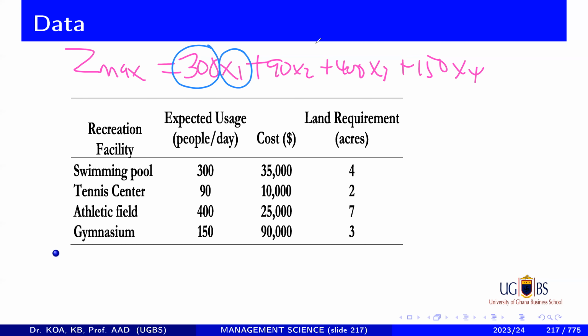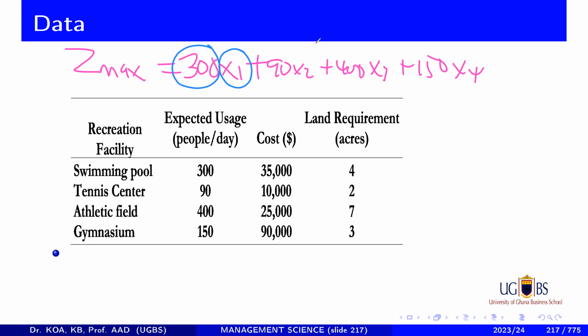And then the 300X1 is what? Expected usage, and expected usage when they construct the pool. Yeah, I can see the way you are meandering the words together. It's exciting putting the words. What does it mean to you? How will you explain that to a 7-year-old child?